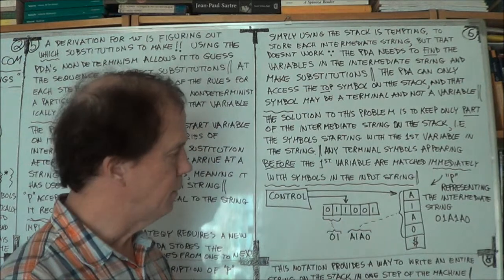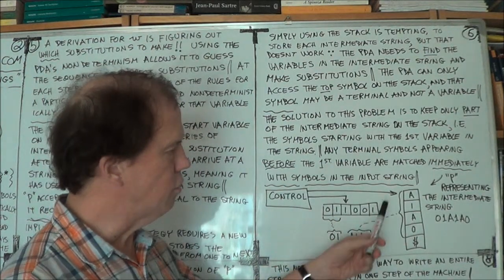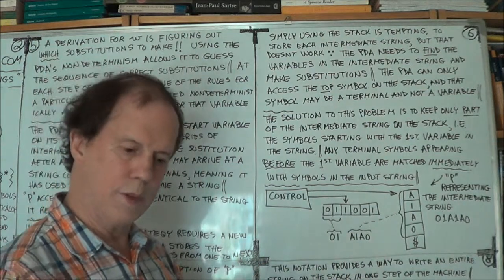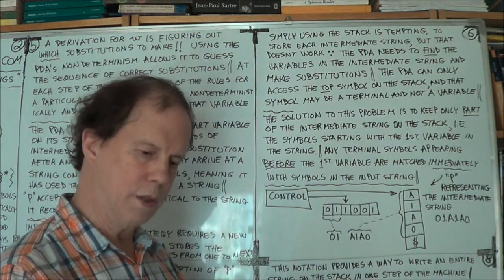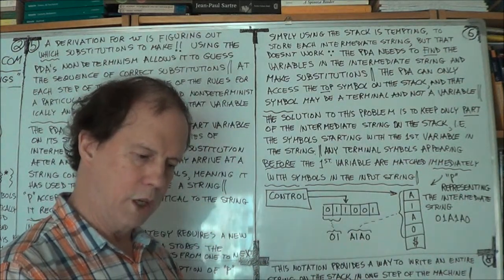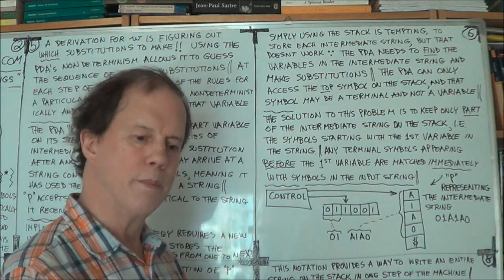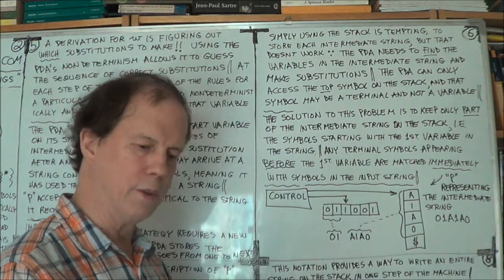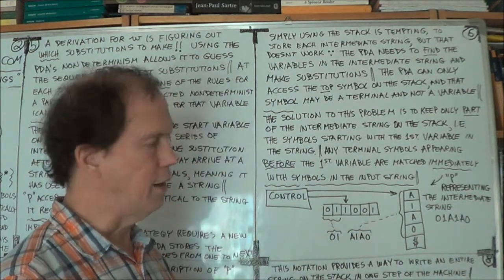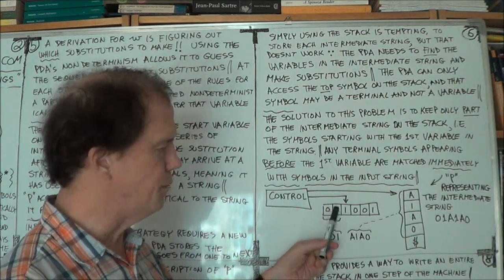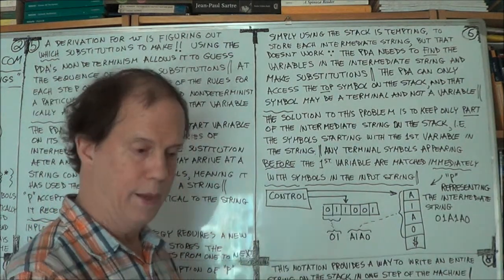So you're using the input string and the stack. You check if there are any terminal symbols before your first variable in the right-hand side, and if there are, then you match them off against the input symbols in your input string.